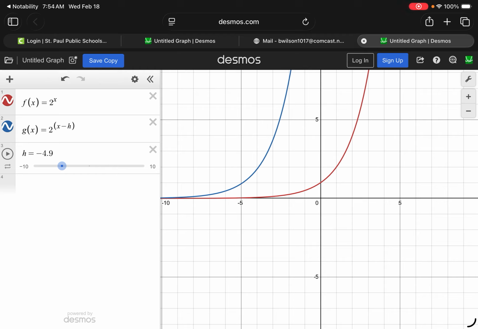So here, my blue graph would be 2 to the x minus negative 4.9, which is like 2 to the power of x plus 4.9. Here, this would be 2 to the power of x minus 4.7. So when I'm subtracting 4.7, it moves right. And when I'm subtracting negative something, it moves to the left.